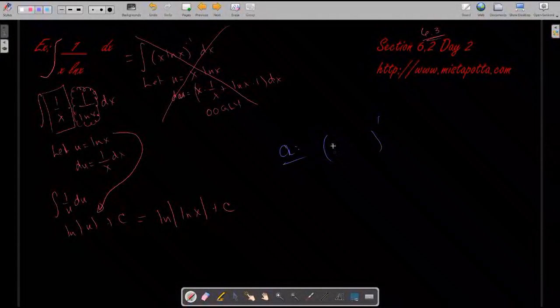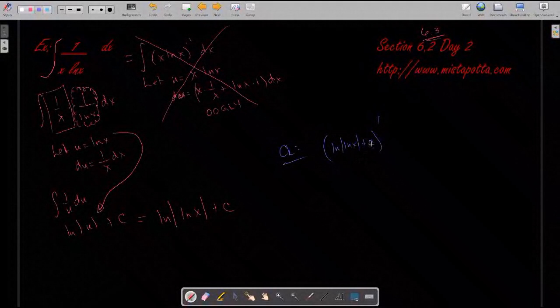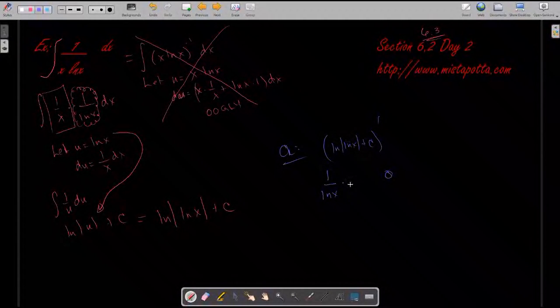So if I have natural log of natural log x plus a constant, and I want to take its derivative, I know the derivative of a constant is 0, but I know that the derivative of natural log of blah would be 1 over my blah times the derivative of blah.